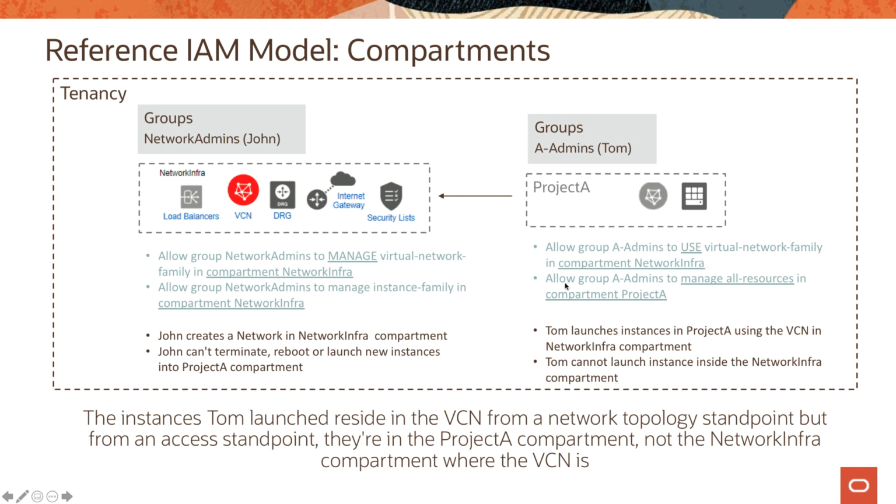And then the second policy allows group A admins to manage all resources in compartment called project A. So everything here, all resources can be managed by A admins, and they can also use the virtual network family, including subnets and VCNs, etc., in this compartment called network infra.